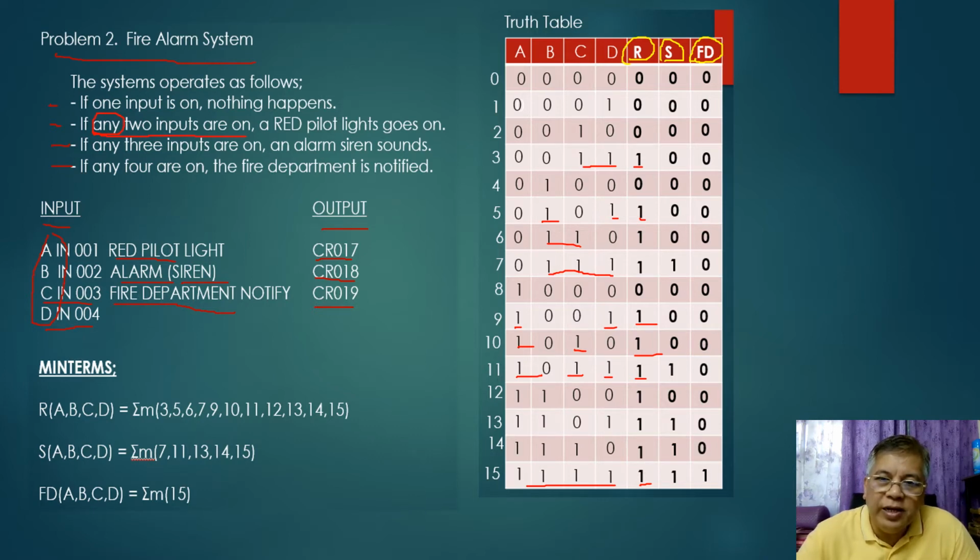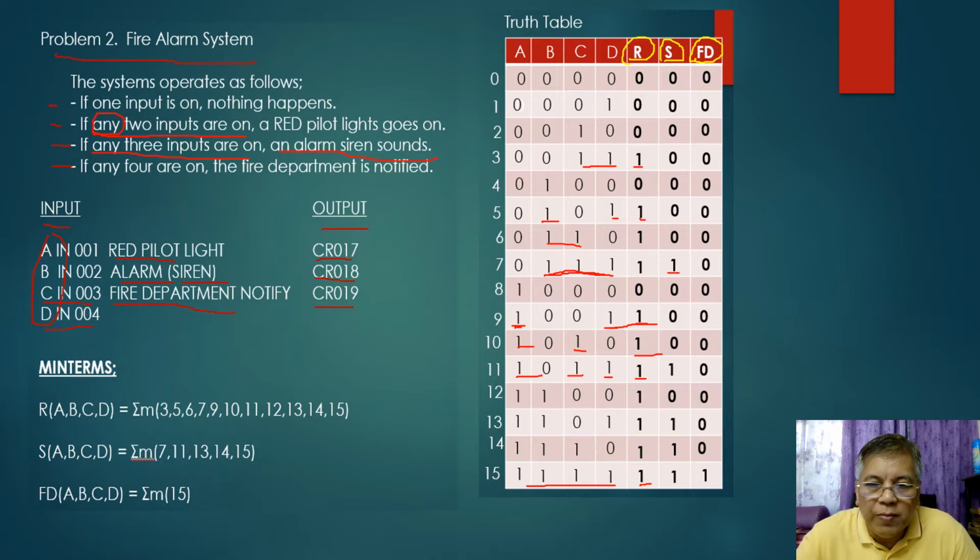For the siren, it says if any 3 of the inputs are on, then an alarm siren sounds. So if any 3, that means that we have here 3 inputs at 1, so your output here is 1. Then you have 3 inputs here, this one and these 2 here.